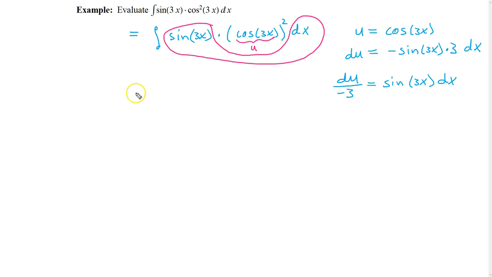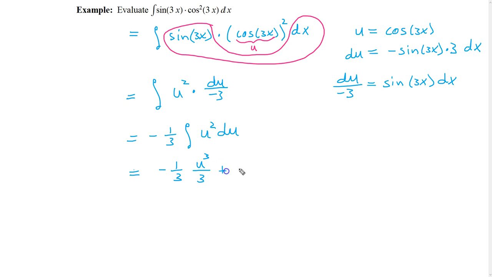This indefinite integral then becomes which we can write as and that is equal to remember the antiderivative of u squared is u cubed over 3.